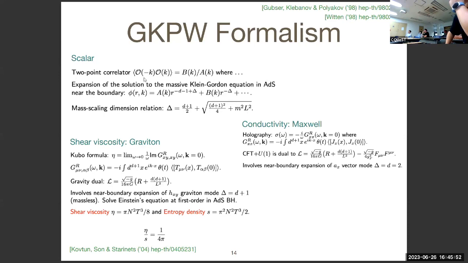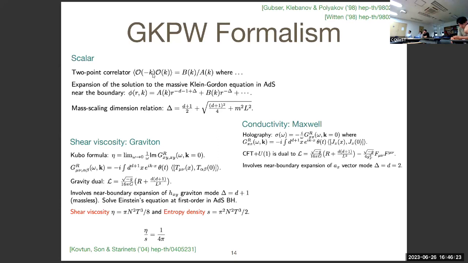If I'm interested in the 2-point correlation function of a scalar operator on the quantum field theory side, that may be extremely difficult to compute because the theory is strongly coupled. If I were to compute this diagrammatically, I would have to sum over all possible loop diagrams in principle, and that's even assuming that it converges.